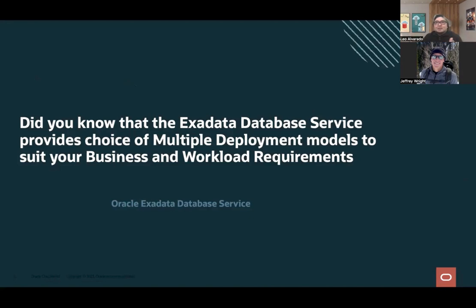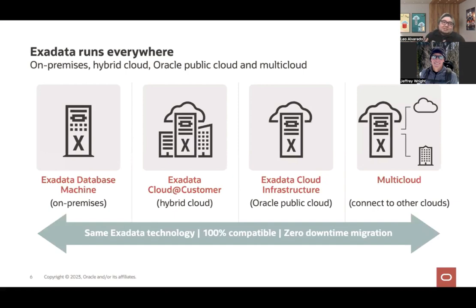Did you know that the Exadata database service provides a choice of multiple deployment models to suit your business and workload requirements? That's one of the greatest differentiators of Exadata. Exadata runs everywhere. You can run it on premises, where you own and manage the complete system and have total flexibility in how you manage it.